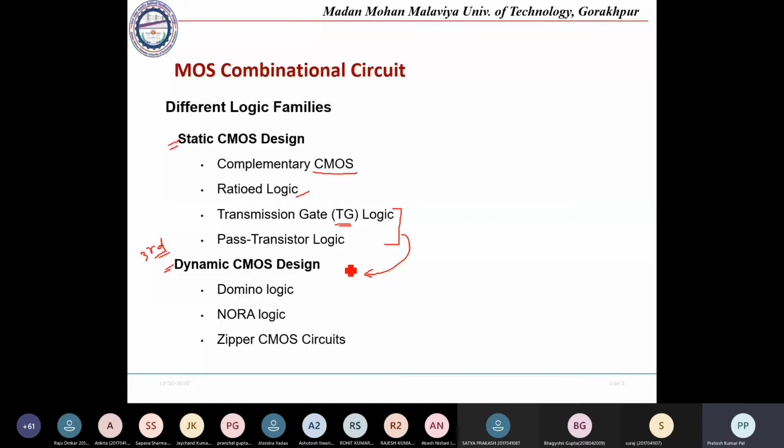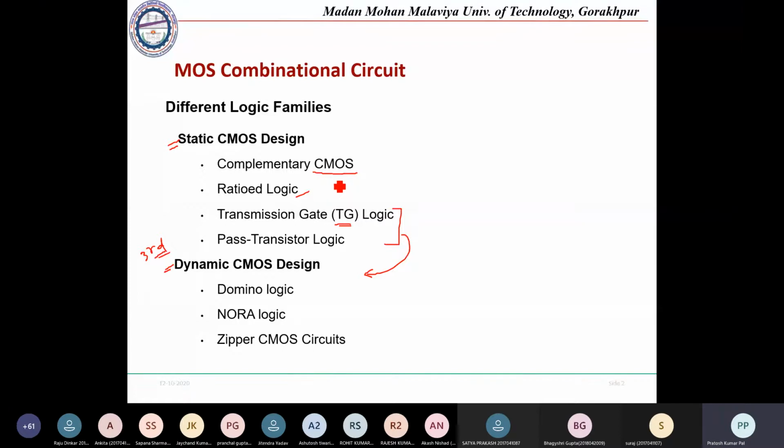Okay, so we will start with the basic implementation of any combination circuits. In that we will take the NOR gate, and we will implement it with respect to NMOS logic, PMOS logic, and then CMOS logics.